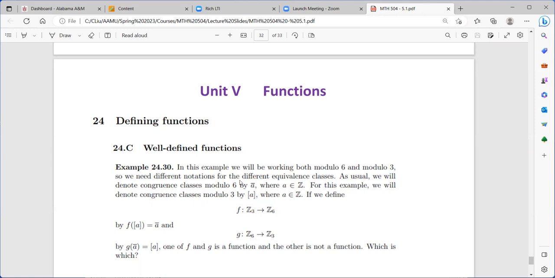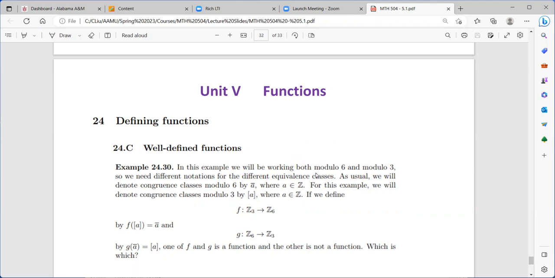So we have two different classes, so we need to use different notations. We usually use the bracket with the number, as we have seen before, but here, since we have different congruence classes, we need different notations for different equivalence classes.